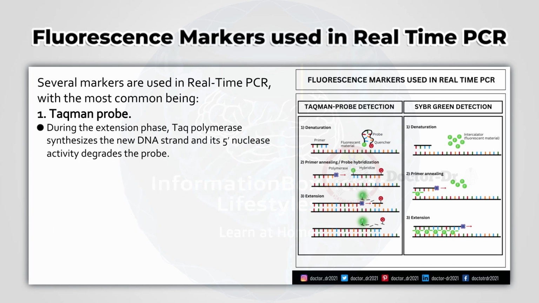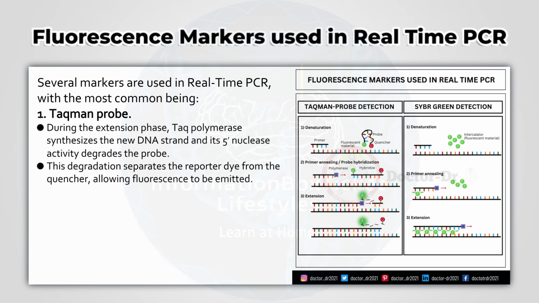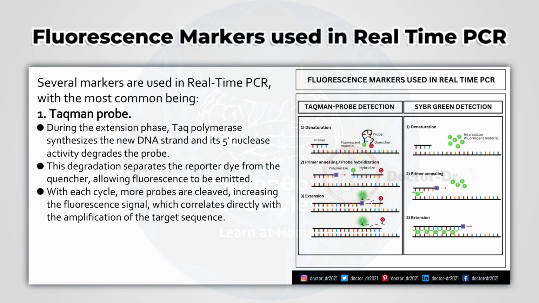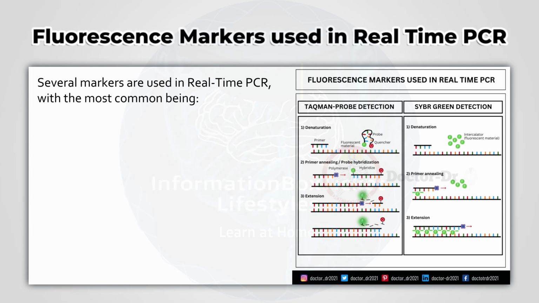During the extension phase, Taq polymerase synthesizes the new DNA strand, and its 5' nuclease activity degrades the probe. This degradation separates the reporter dye from the quencher, allowing fluorescence to be emitted. With each cycle, more probes are cleaved, increasing the fluorescence signal, which correlates directly with the amplification of the target sequence.